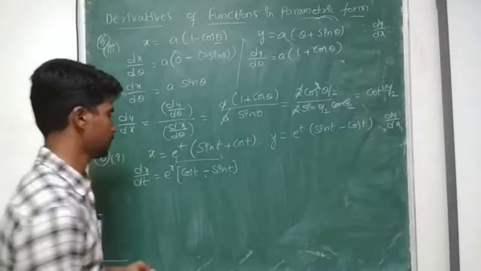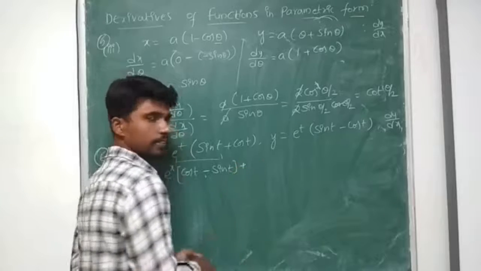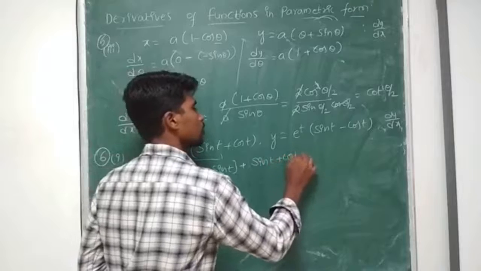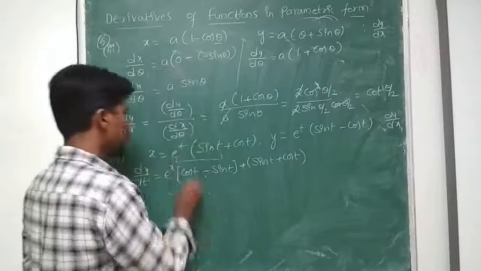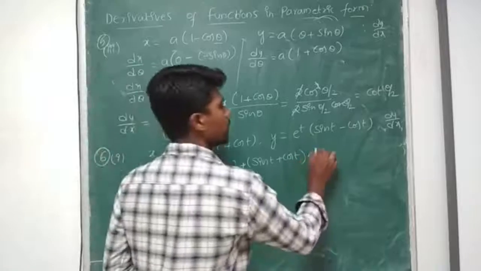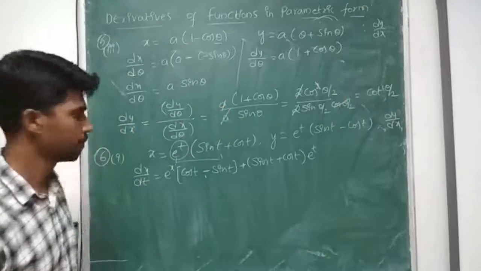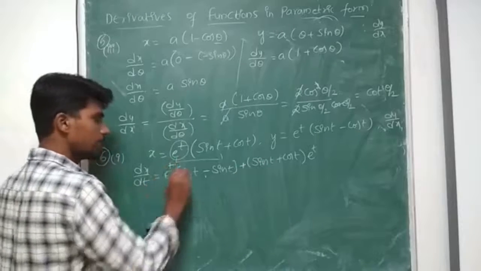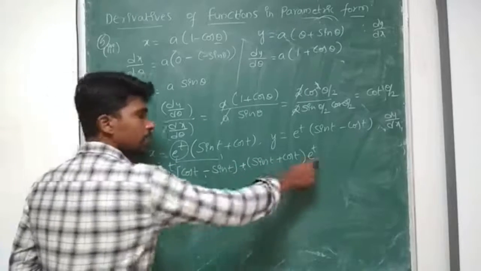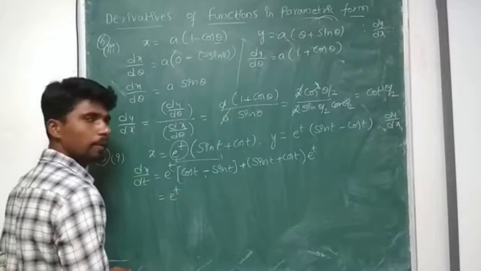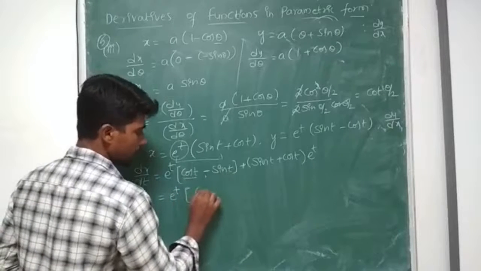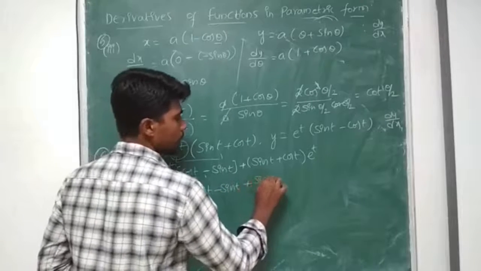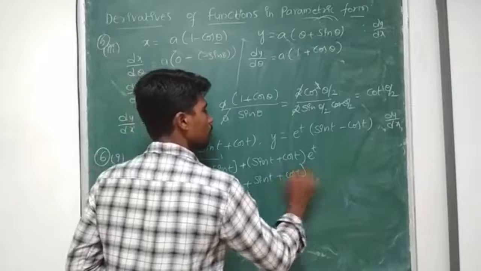Plus v, that is sin t plus cos t, into the differentiation of u, which is nothing but e power t. Take e power t common: e power t, cos t minus sin t plus sin t plus cos t.